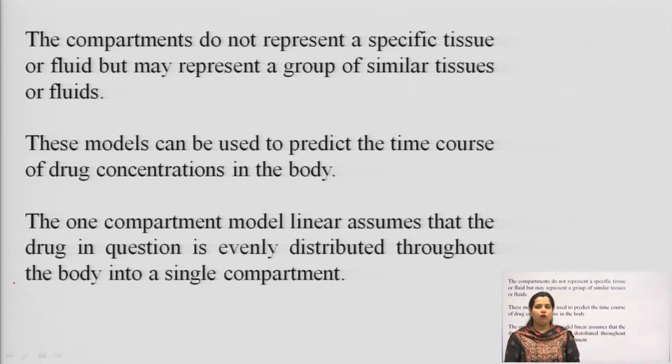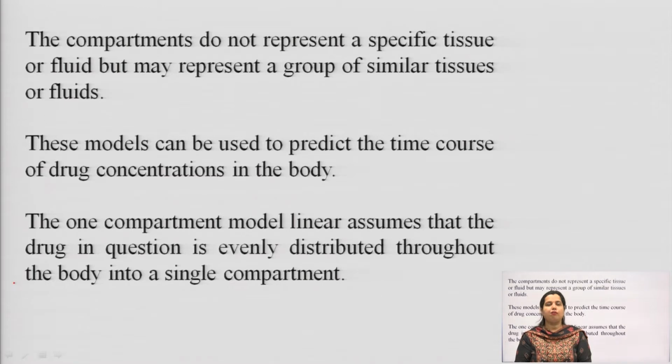So, we have established these models to identify the drug concentration in the body at a particular time. That means we can correlate it with the AUC, Cmax and Tmax. These are pharmacokinetic parameters.